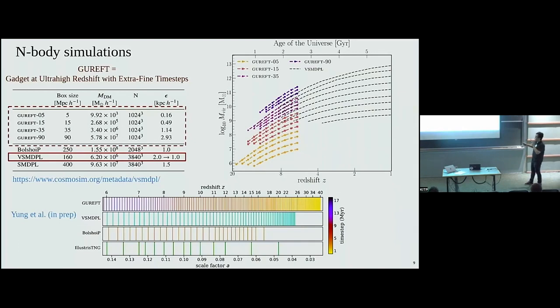And you can see there's significant overlap between the GRAPH box and the Very Small MultiDark box at redshift from roughly 6 to 8. So using this, we can combine these two simulations, create merger trees, and then train an algorithm that can get merger trees from z equal to 0 to z equal to 20. Though in this presentation, I will only show Very Small MultiDark, but you can ask me about the combined box later.